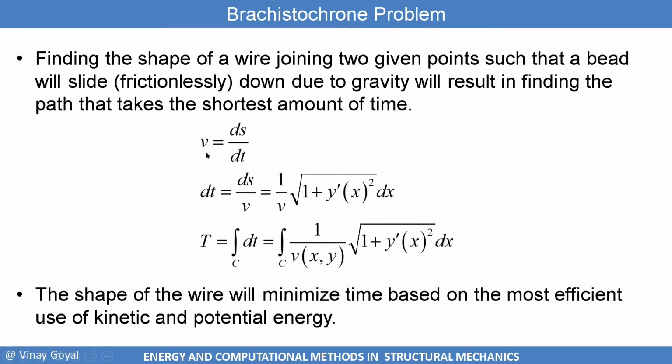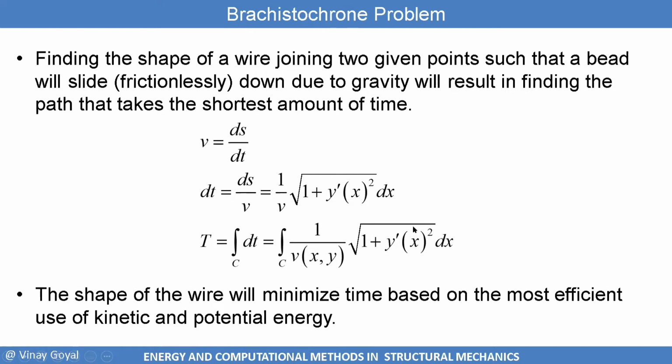So clearly v is denoted as ds/dt. You've seen this in physics. I know what ds is. Again, the same thing, the square root of 1 plus y prime squared dx. And I want to see what is the minimum duration it will take for this bead to slide down. And that's found by this equation.